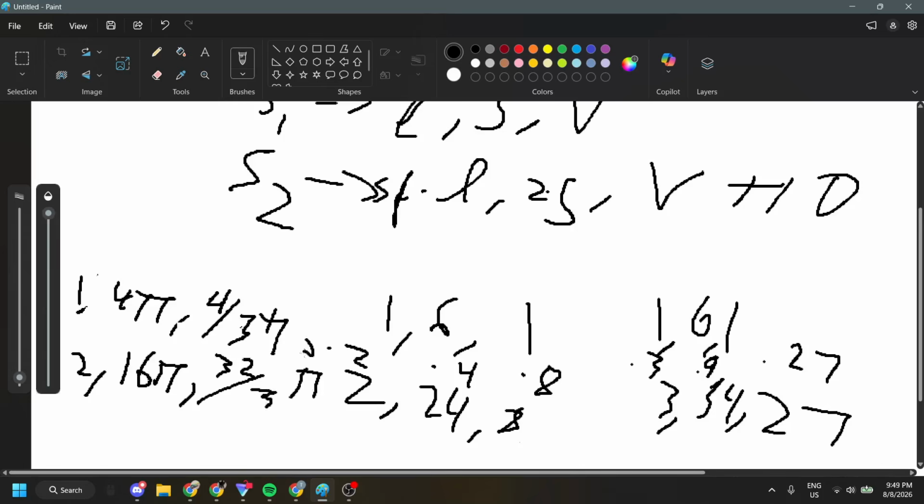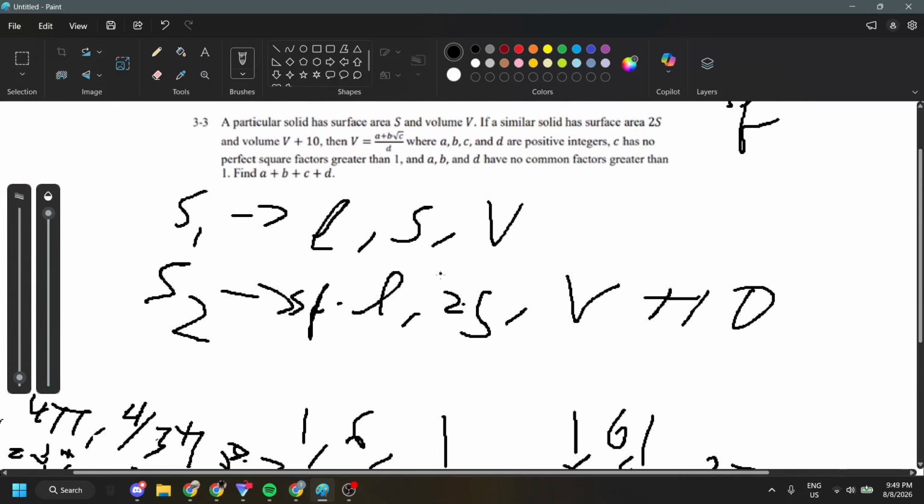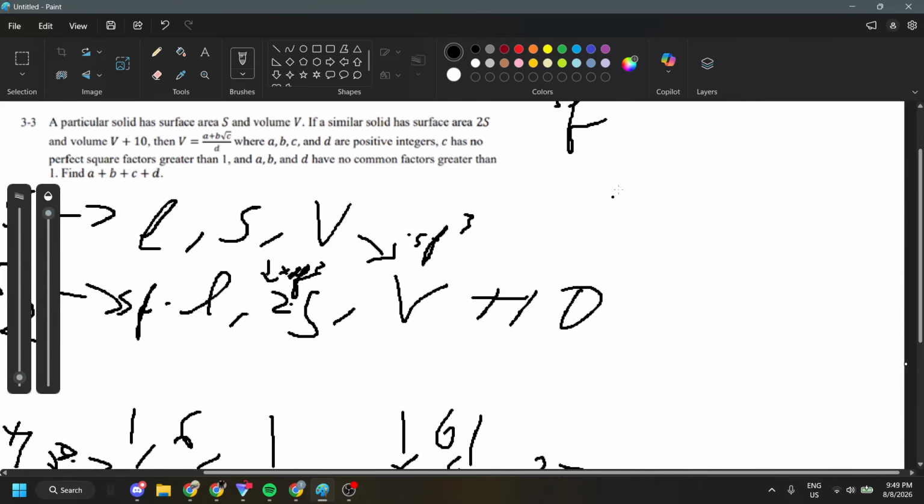So this again changes by 4 when this changes by 2, and this changes by 8. Okay, so I think it's generalized that if this changes by a scaling factor, surface area is times scaling factor squared, and then volume is times scaling factor cubed.